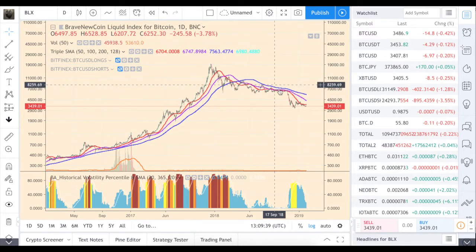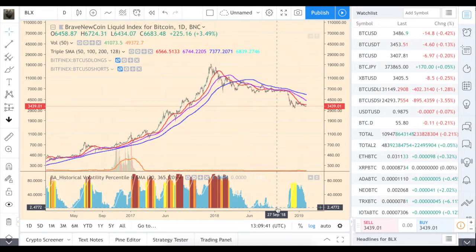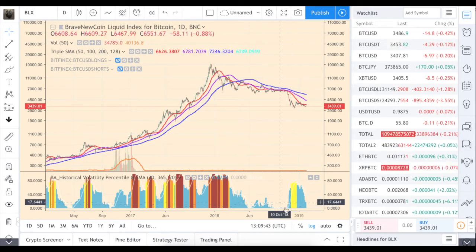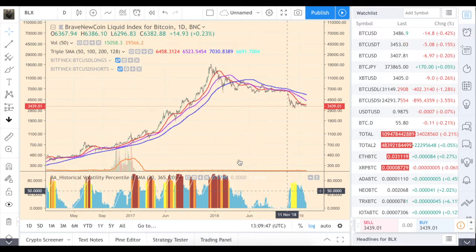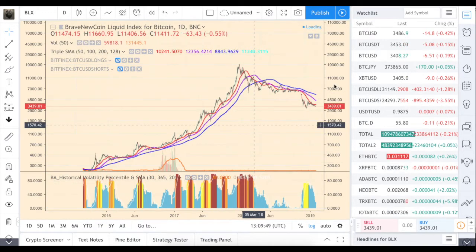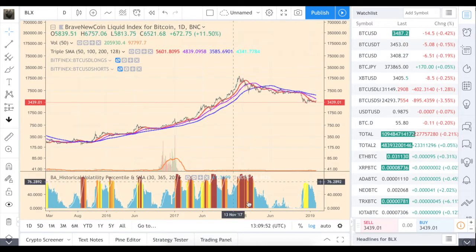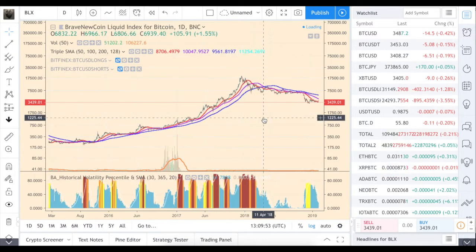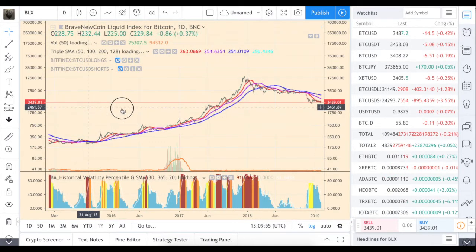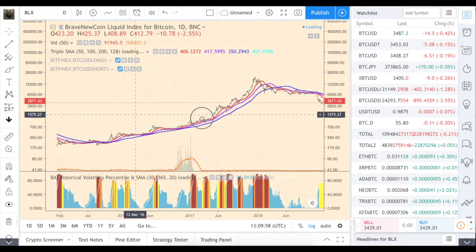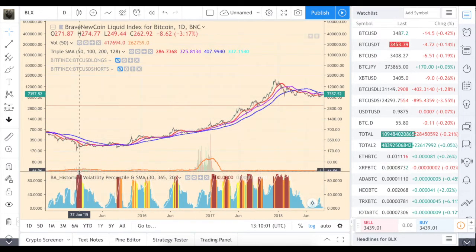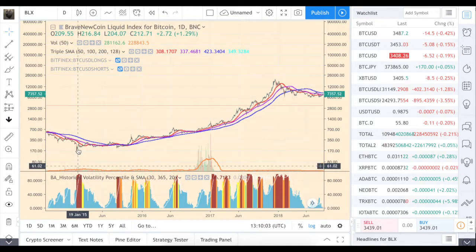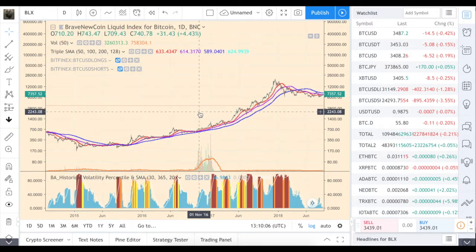For example, here the volatility was very low, so we were aware of some strong change in the price to happen very soon, and it did. And also it spots the highs and lows by those outrageous 100% values. Even the point at 2015, when we had this very high value, and also the bottom of the market.